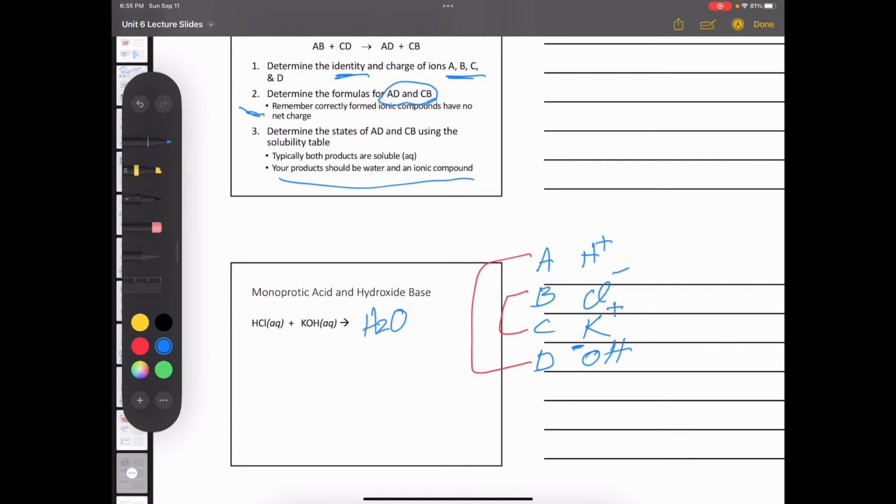My next product is B and C bonding together, and that would be KCl. Now I have identified my A, B, C, and D, the charges, and my products.